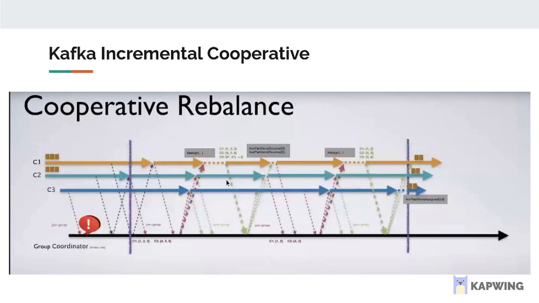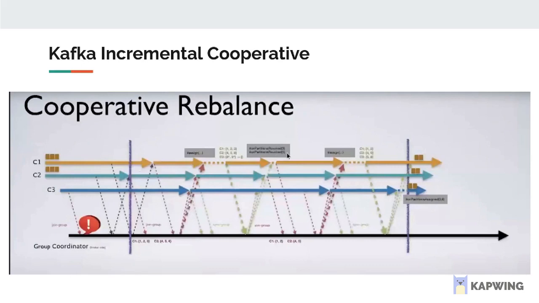So it will send the response of assigning to the group coordinator, and based on it, the group coordinator will tell C1 and C2, okay, revoke these partitions, which are 3 and 6. But partitions 1, 2 and 4, 5 are still assigned to C1 and C2, right?